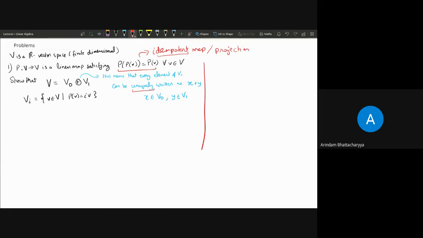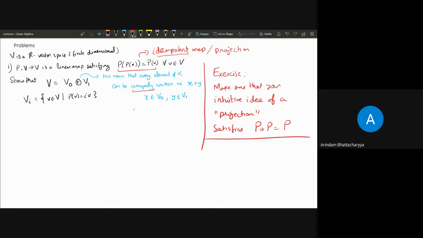So, exercise: make sure that you get uniqueness also. Intuitive idea of a projection: it satisfies P of P is equal to P. Tell me a proof.